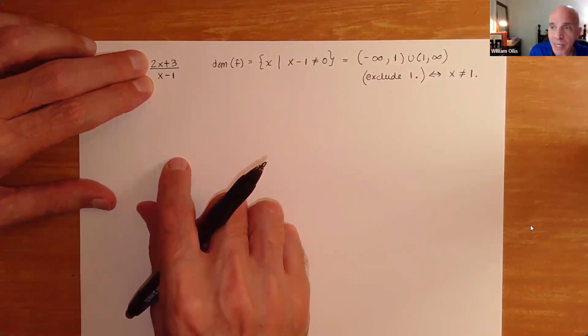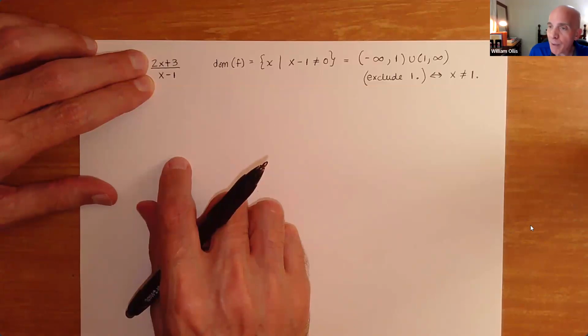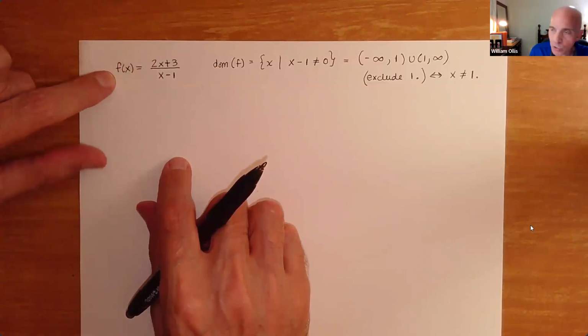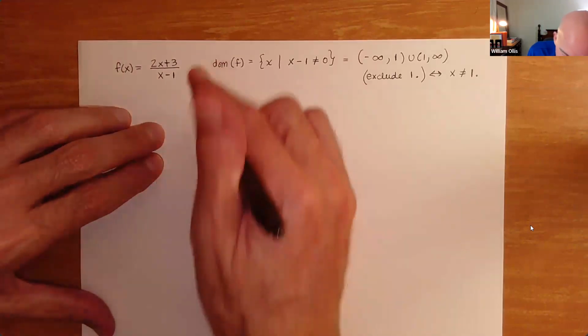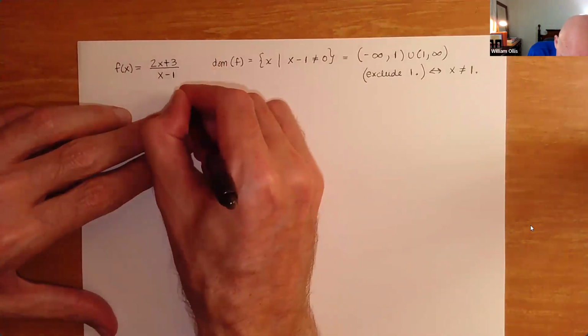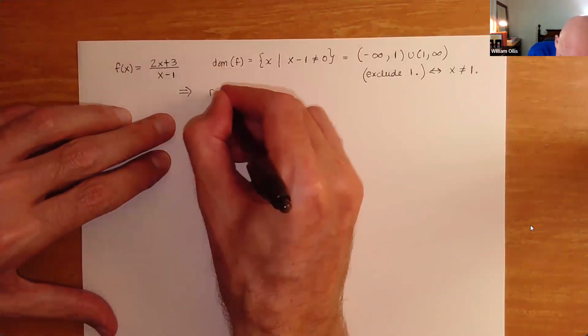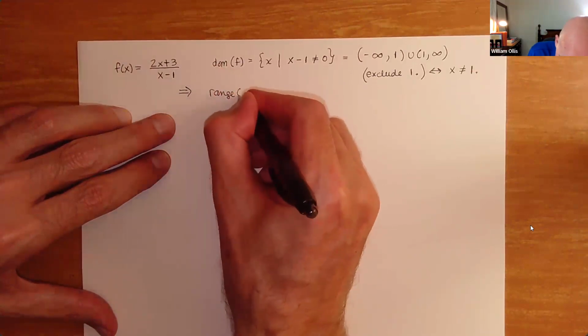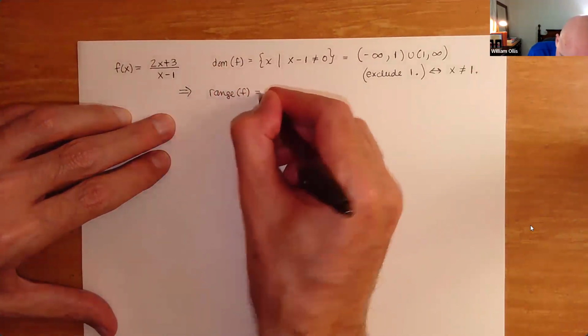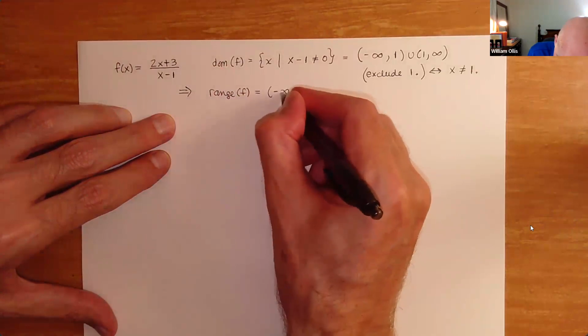So what we're seeing is that it will be very possible for the function value to get very close to 2 as x becomes positively and negatively infinite, but it can never equal 2. So in this particular case, this implies that the range of f will include all real numbers except 2.